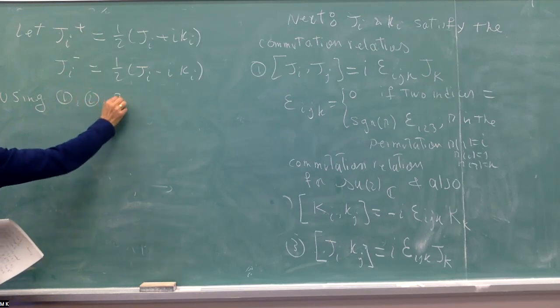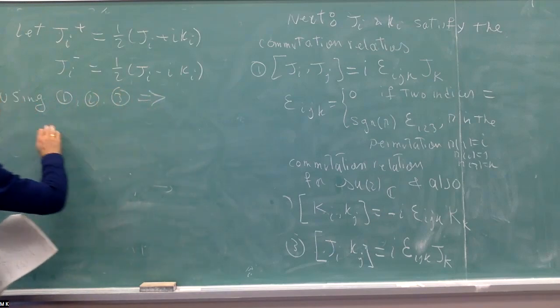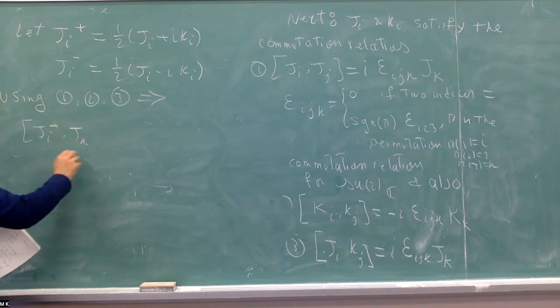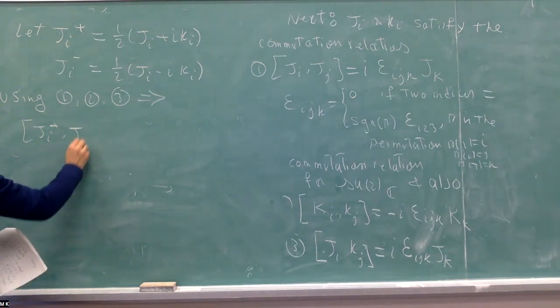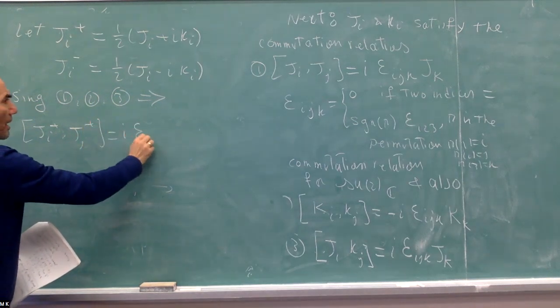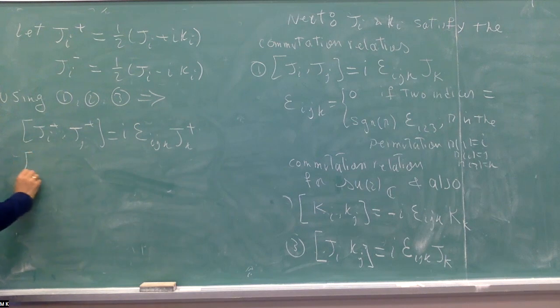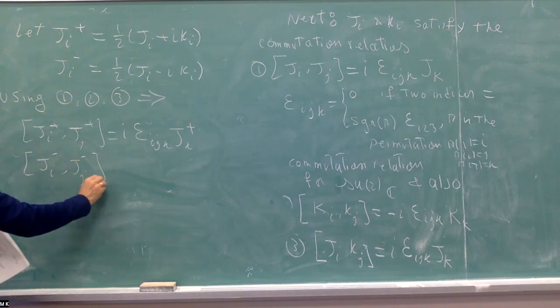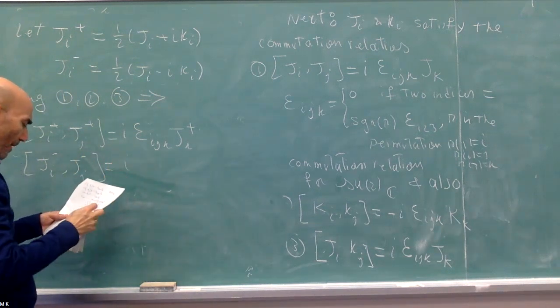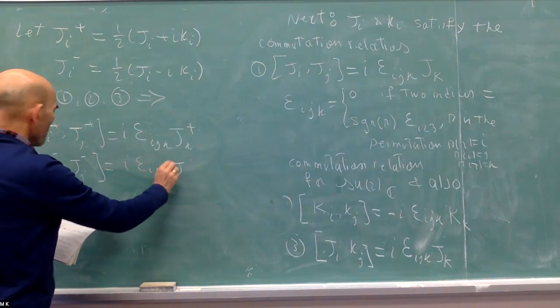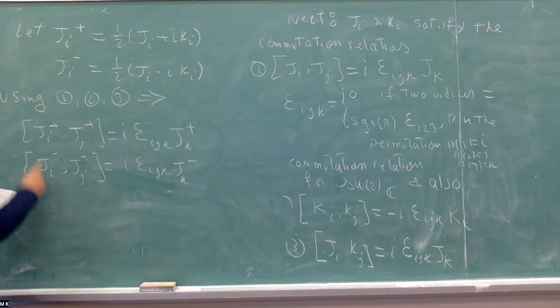We can conclude that Ji plus commutator Jj plus is equal to i epsilon ijk Jk plus, and Ji minus commutator Jj minus is equal to i epsilon ijk Jk minus, and between plus and minus the commutation is 0.